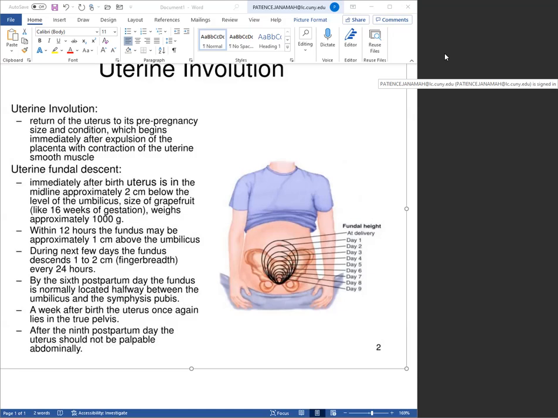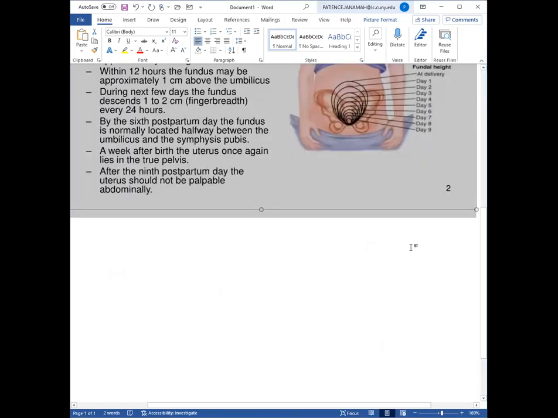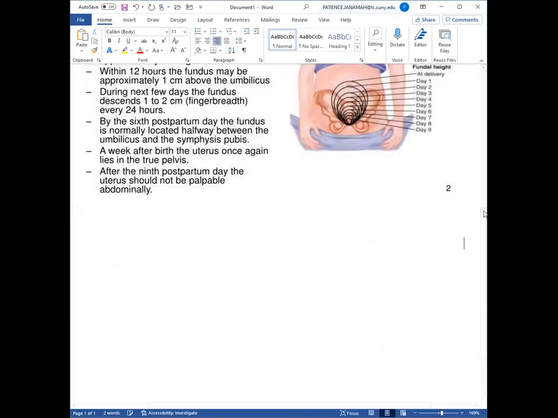So the first 3 days after delivery is rubra. The discharge that comes is rubra, from immediately after delivery, from day 1 to 3 days, and it is bright red in color. It looks more bloody.